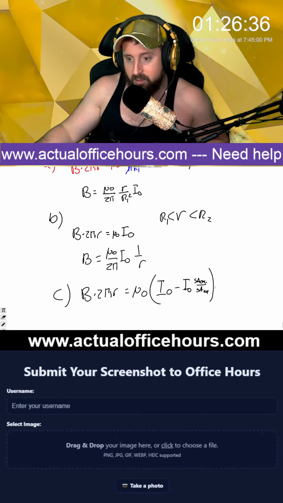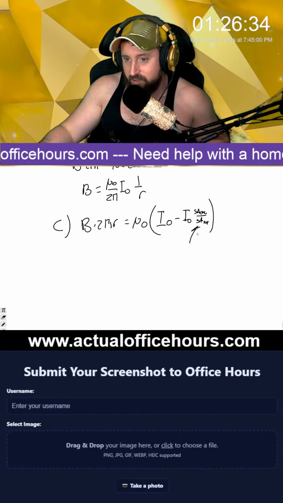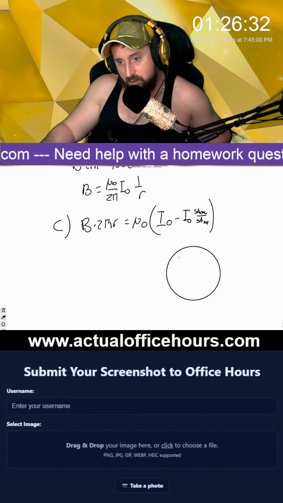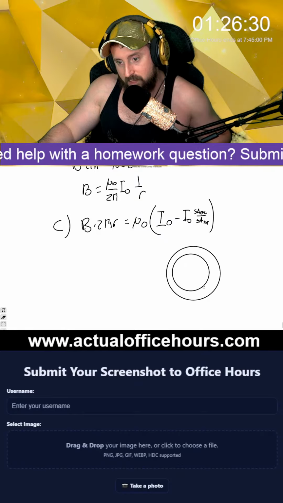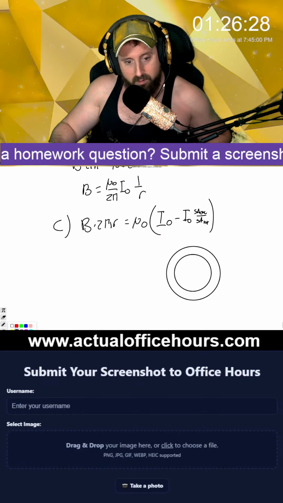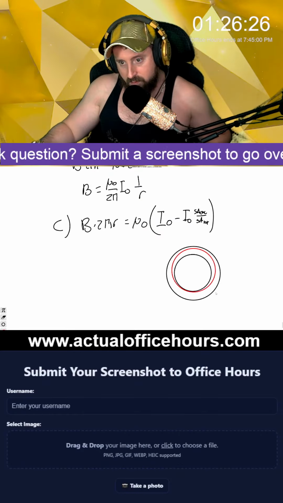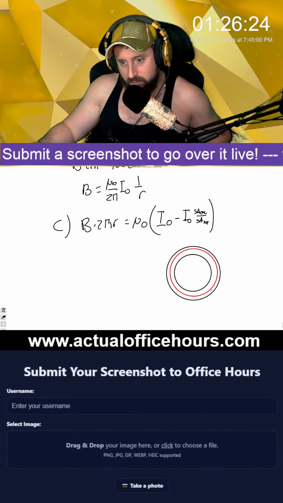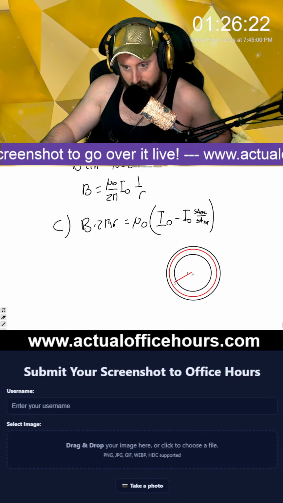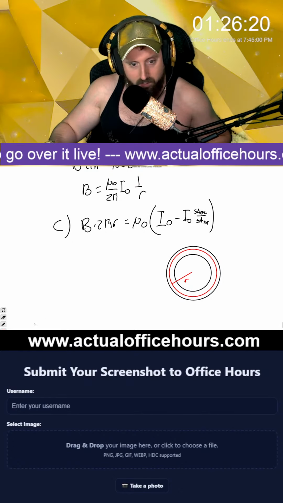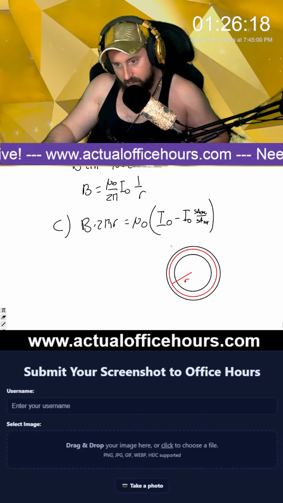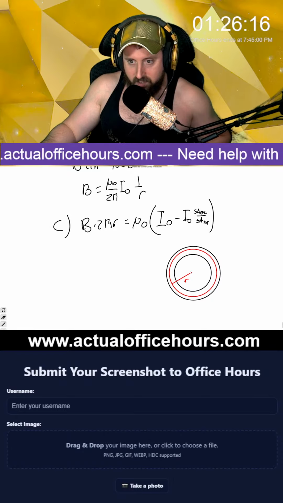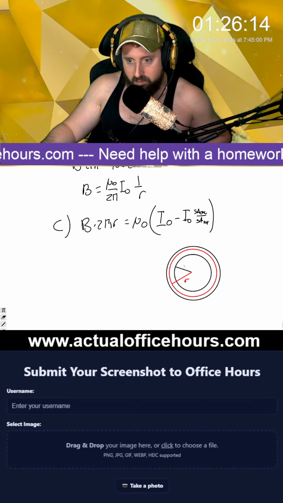I'm doing it next. Okay, now this is a little trickier, because you have this going on, and you're trying to figure out what it is. It's like this, right? This is like R now. But this is R2.